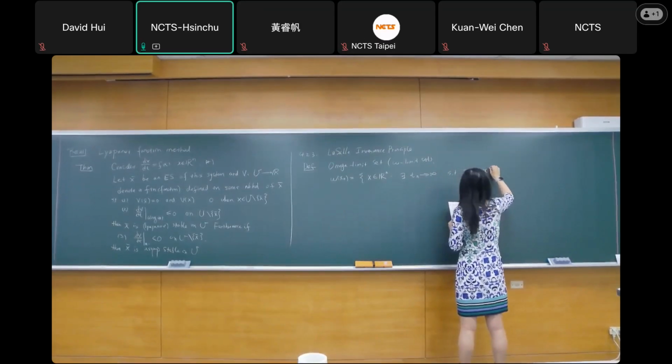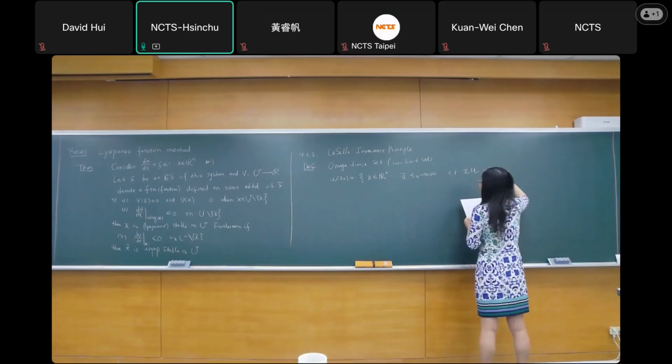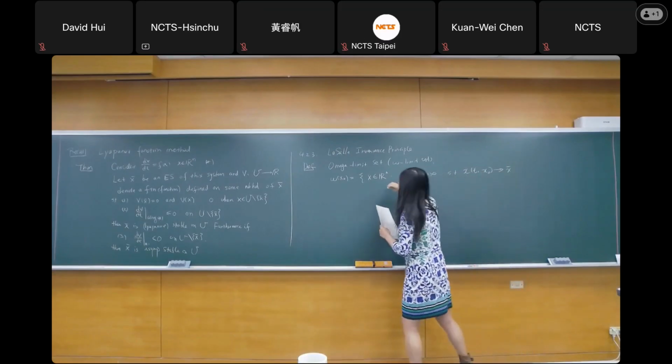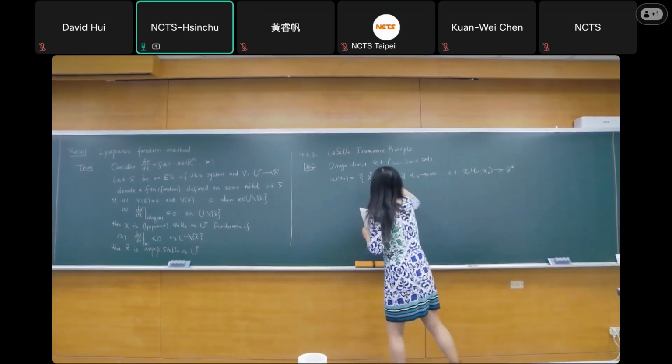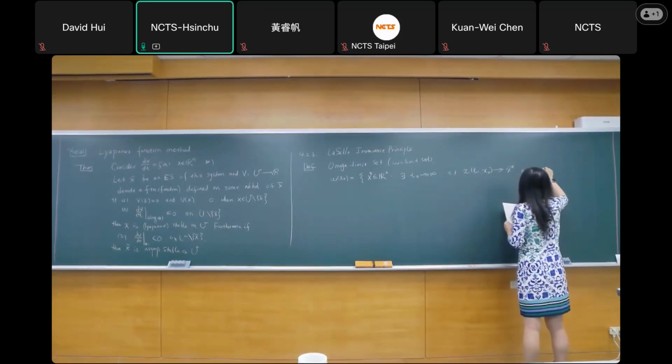You start with this point, let's use x0. Now the convergence of the sequence t_n goes to infinity.